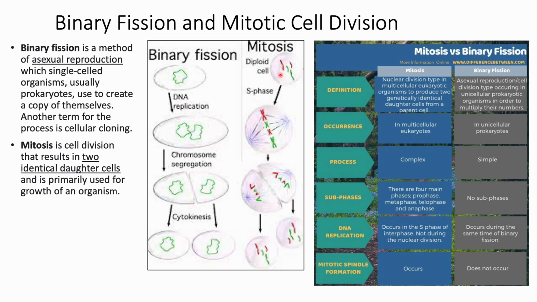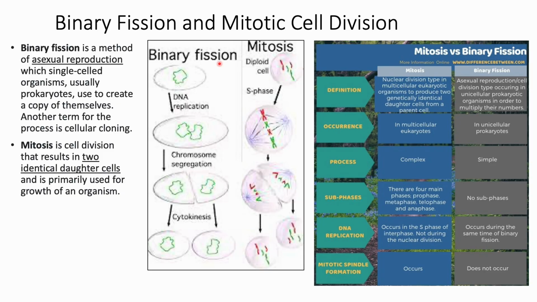In mitosis, there's a process that this cell goes through. That process is prophase, metaphase, anaphase, and telophase. And we'll go through mitosis in much more detail at a later time. But for right now, understand that binary fission is typically for your single-celled organisms.